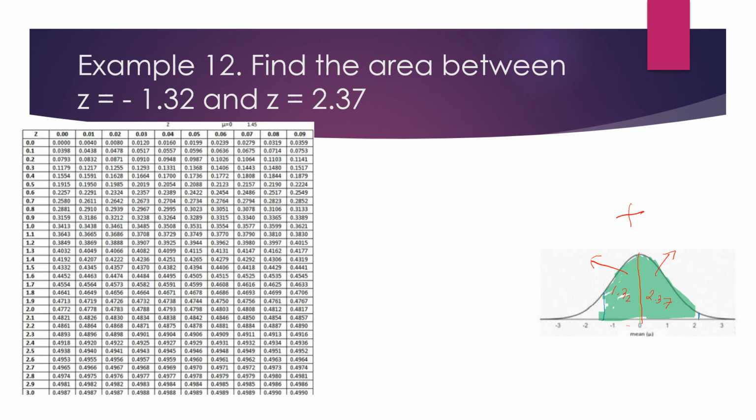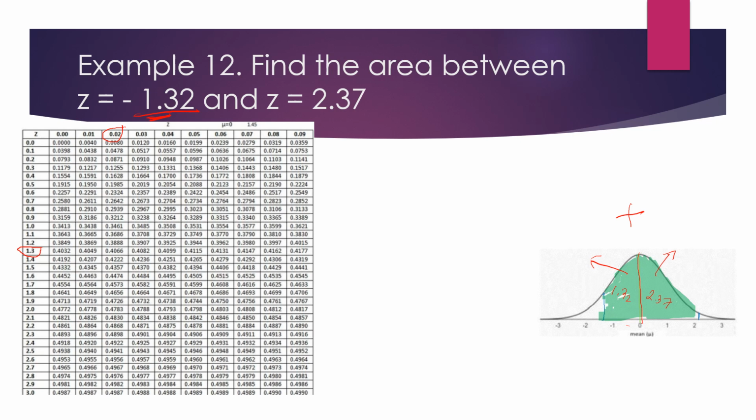So let us find. For negative 1.32, let us have 1.3 and 0.02 for the hundredths place.